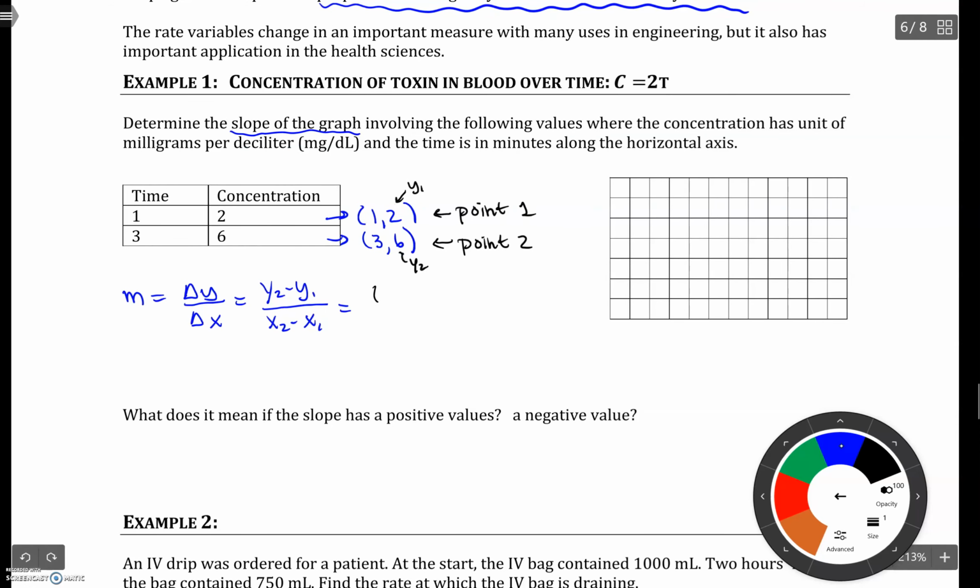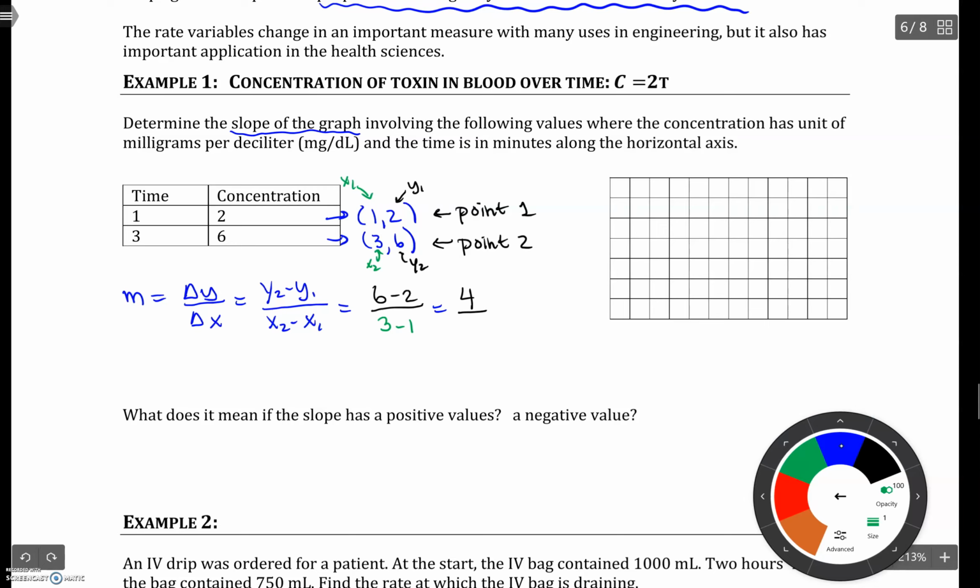So in my numerator, I'm going to have 6 minus 2. And then in my denominator, I'm going to take x2 minus x1 to find out how much my x changes by: 3 minus 1. So looking at those proportional changes, my y values had a change of 4.